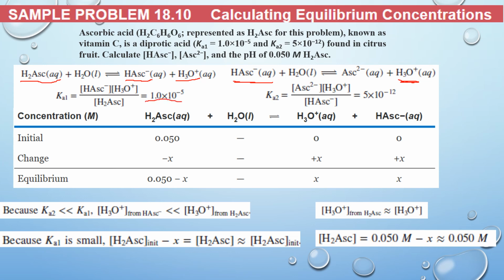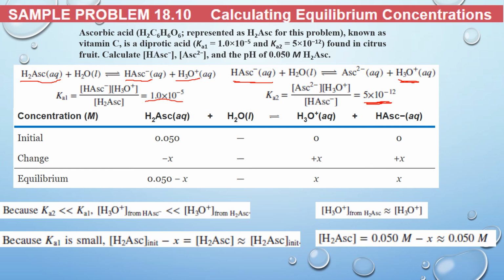And notice how small these Ka values are. Because of these small Ka values, we can use a very similar approach and assumption as we did in the previous example problem, and that assumption will help us make the math easier.